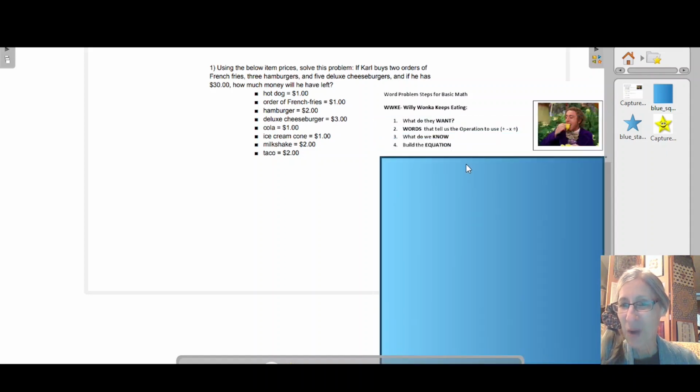And there's Gene Wilder. That movie I think was from like 1970, 71. It's always nice to make up a mnemonic device that's silly or strange, because then you'll remember it. And so WWKE stands for Willy Wonka keeps eating.